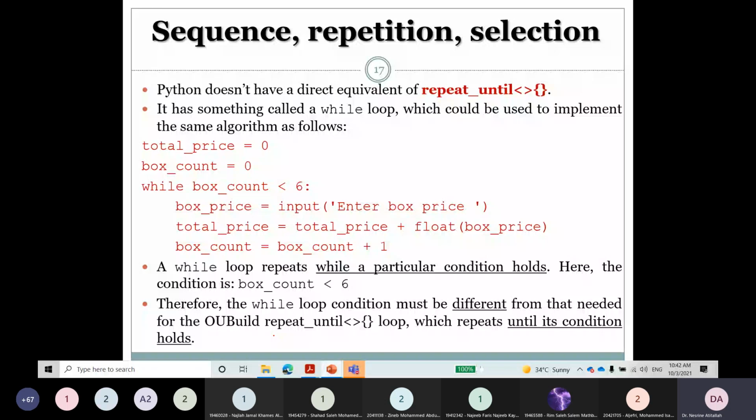In repeat until, we repeat until the condition is met. Therefore, the while loop condition must be different from that needed for repeat until, which repeats until its condition holds.